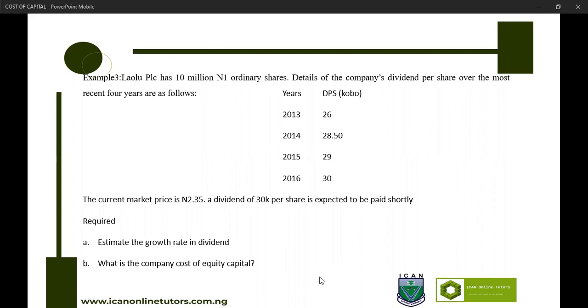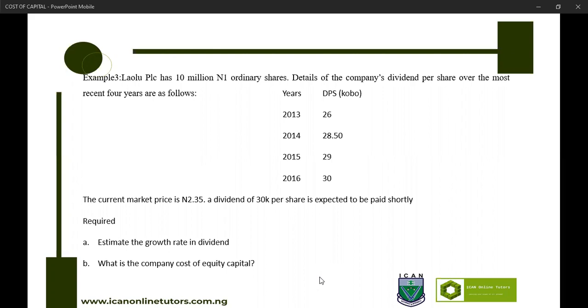Are we there? Now we have a series of dividends. From here, what is our base dividend and what is our current dividend? The base dividend is 26. The current dividend is 30. All right, so what is our N?